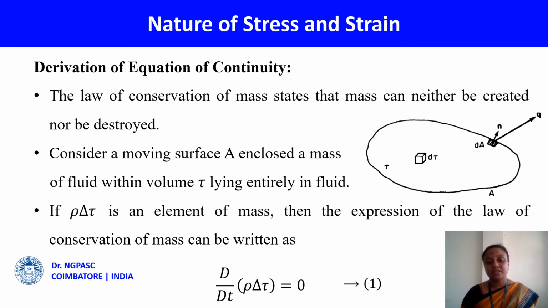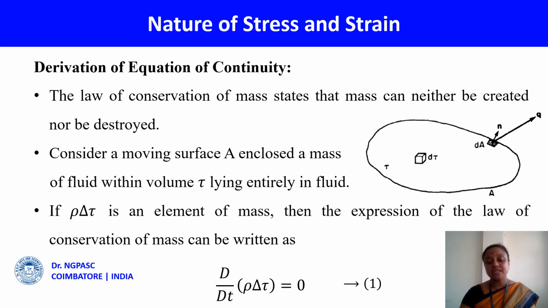Mass can be represented as density into volume, so rho into del tau is the element of mass. Then the law of conservation of mass can be written as: there is no change in mass with respect to time, so we can express it mathematically as d by dt of rho del tau equals 0.